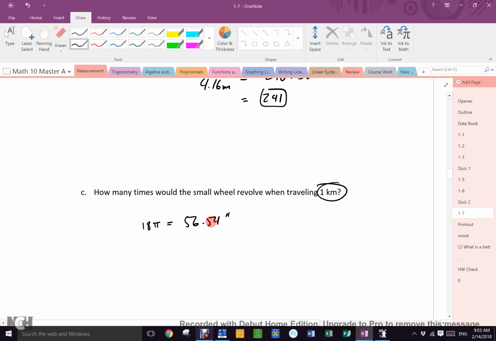Because I need to get that to meters, right? So feet to meters. I want meters. I have feet. So it's 1 foot is 0.3048 meters. Numbers on the top, so it's multiply.